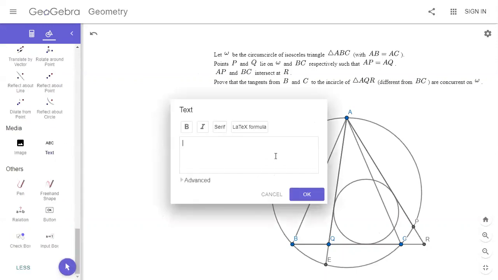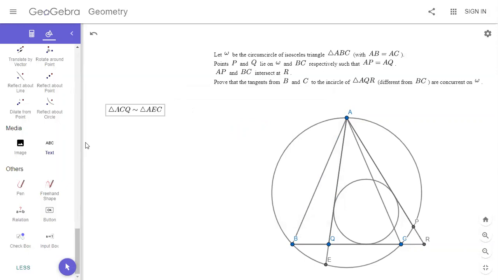Okay, so we can show that triangle ACQ is similar to ABC. That's true by an angle trace, so I'm just going to write it.